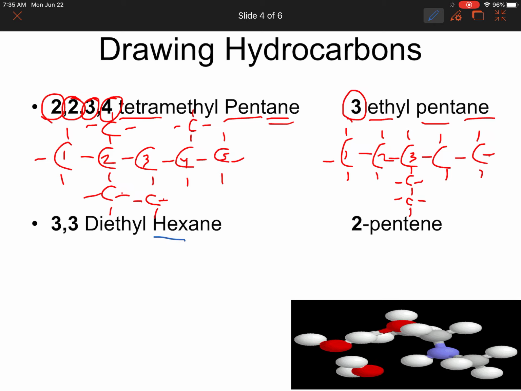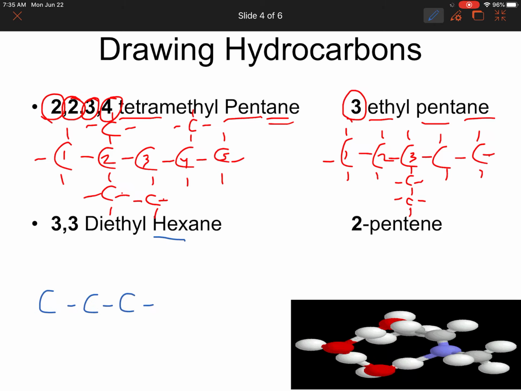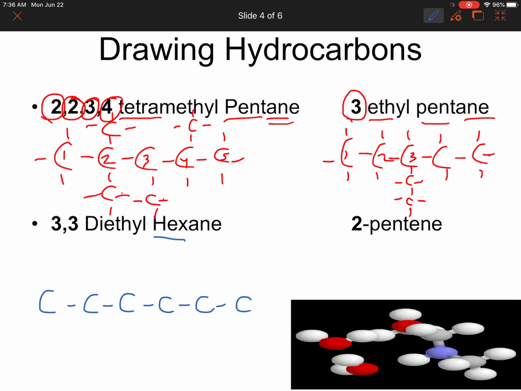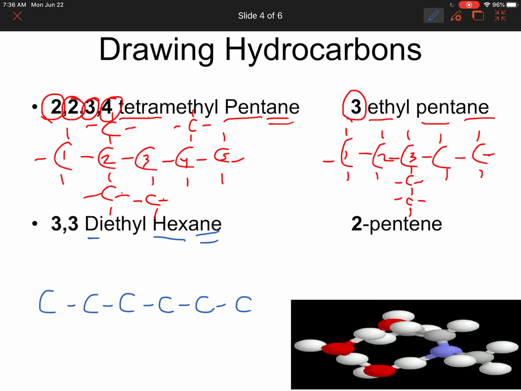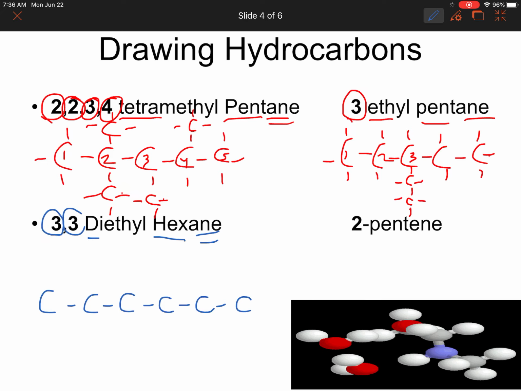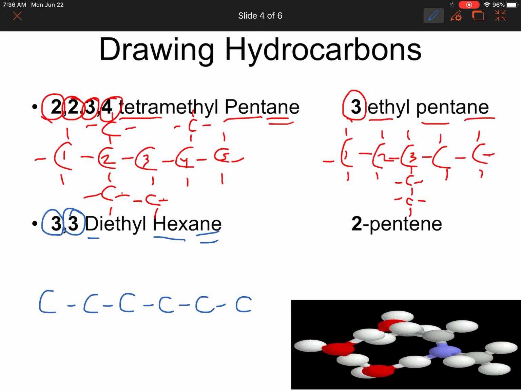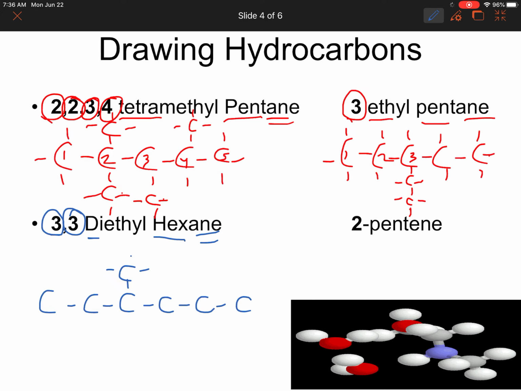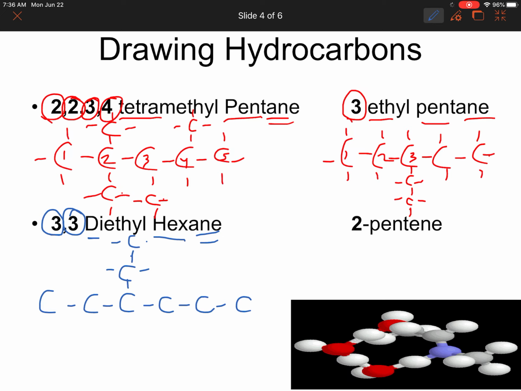Okay, we're back. Hex, 6 carbons. 1, 2, 3, 4, 5, 6. Ane means single bonds, which are there. Diethyl means there's 2 ethyls. They're both off the number 3 carbon. 1, 2, 3. So there's 2 going up. That's 1 ethyl.